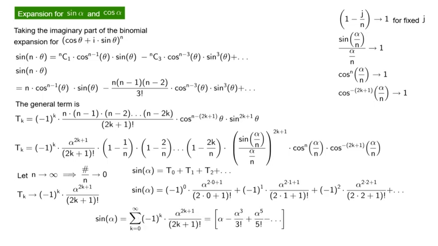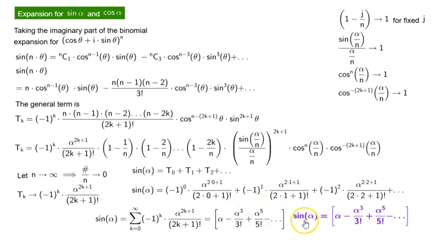Now simplifying that, we get sine alpha is equal to the series minus 1 to the power of k times alpha to the power of 2k plus 1 by (2k plus 1) factorial, which is equal to, by simplifying this, alpha minus alpha cube by 3 factorial plus alpha to the power of 5 by 5 factorial, and so on.